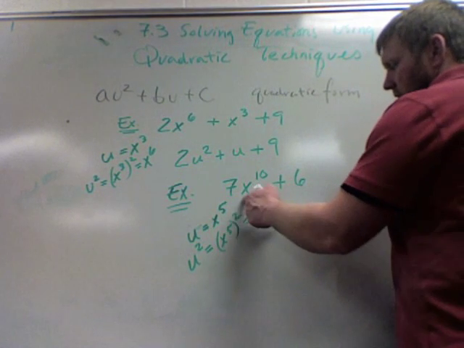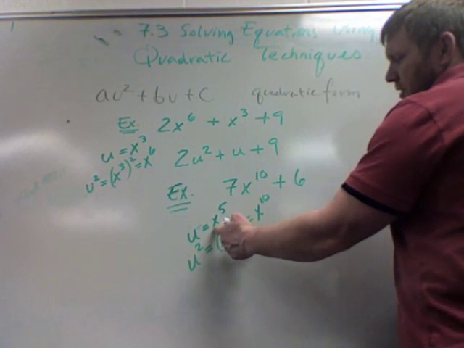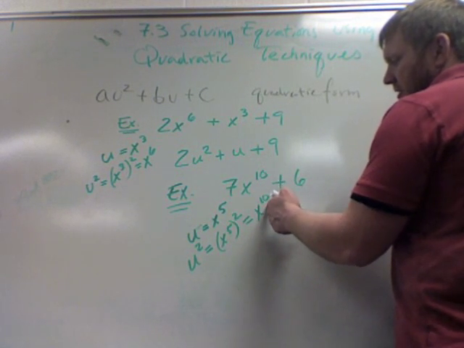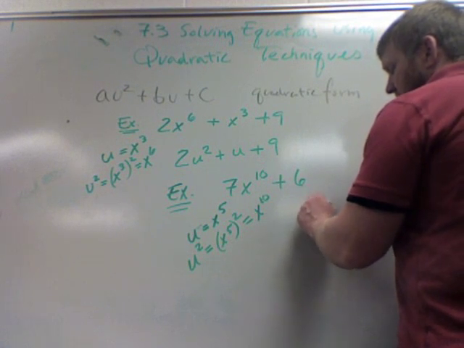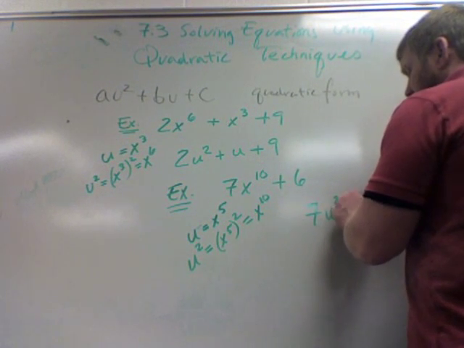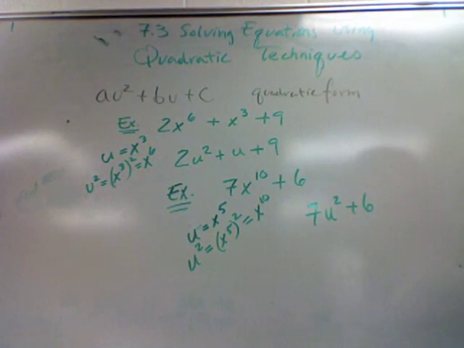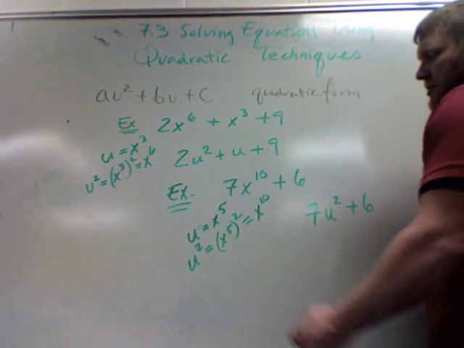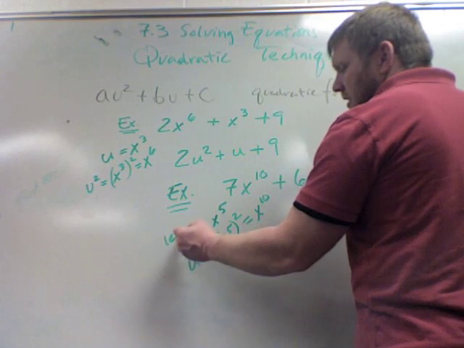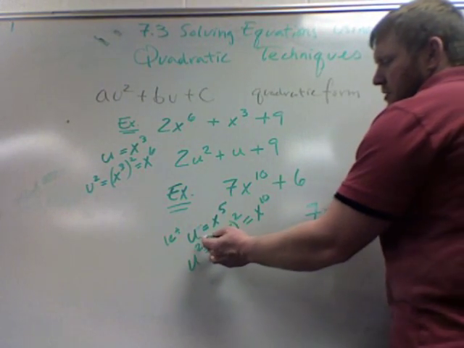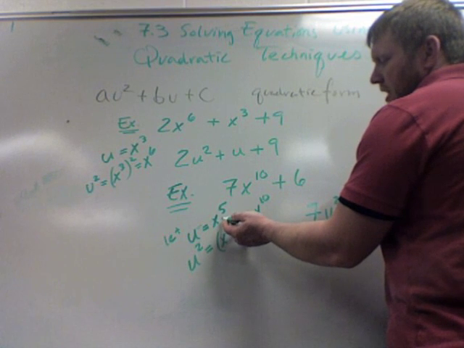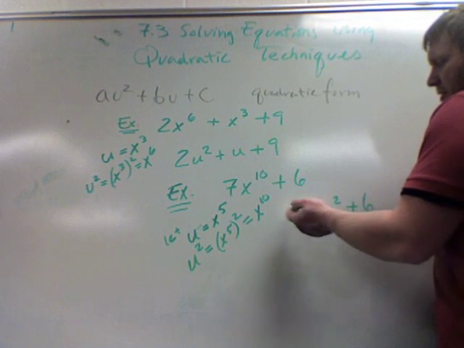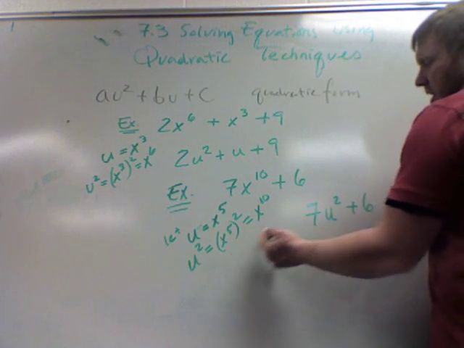Well, then I don't have any u's to substitute, but I do have a situation where I can put u squared in place of x to the 10th. So I'm going to write this as 7u squared plus 6. That's just letting u equal x to the 5th, and when you square u, you're squaring x to the 5th, so u squared is the same thing as x to the 10th.